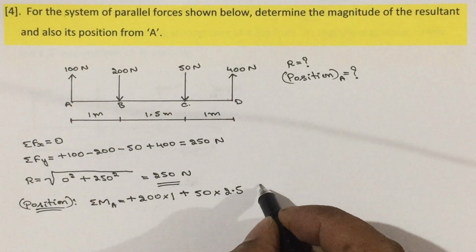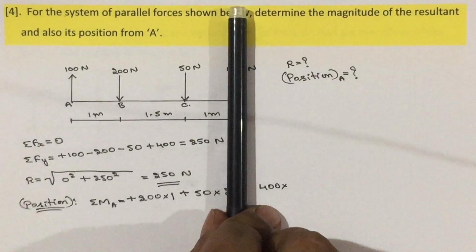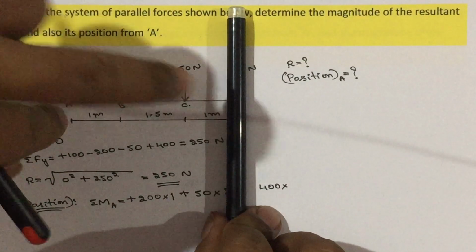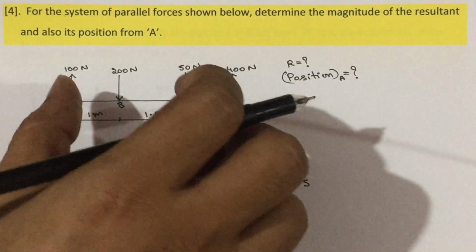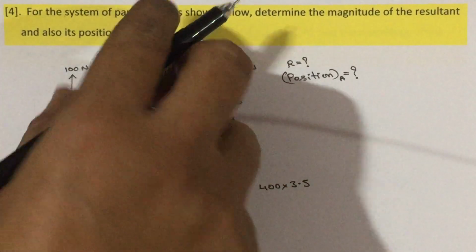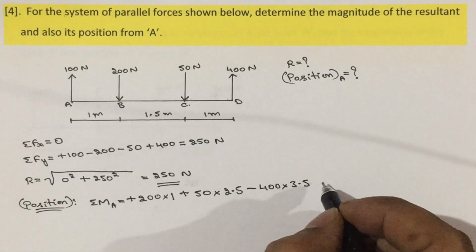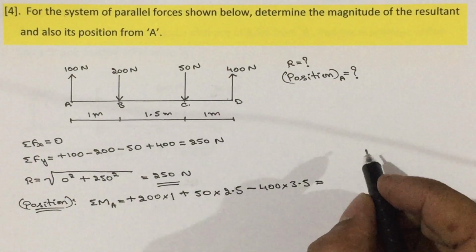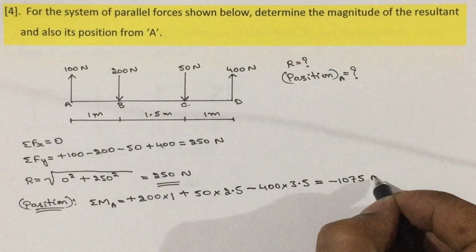The next force is 400 into perpendicular distance between this 400 Newton line and the point A is 1 plus 1.5 plus 1, that will become 3.5, and with respect to A, this force is rotating anti-clockwise, so it will become minus. Then if we calculate, you are going to get the value as minus 1075 Newton meter.